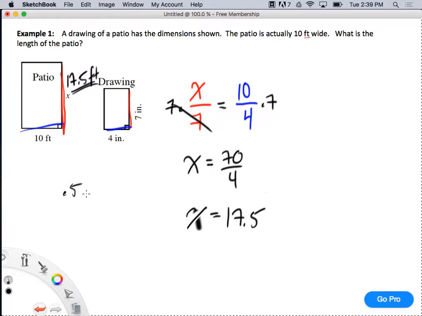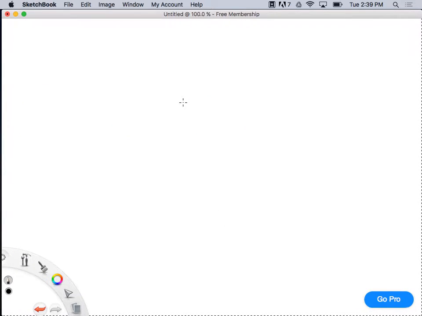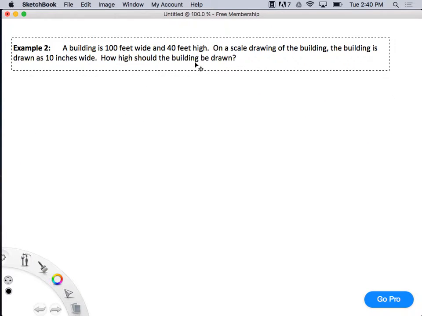It's not like 0.583722 whatever, it's just 17.5. There's no problem with that. That's an exact answer. Will it always be exact with these? Not always, but as long as you have an exact answer, then you should leave it. But if you wanted to get it in inches, you just multiply by 12 and you get 6. And so it would be 17 feet, 6 inches. Right? Good question.